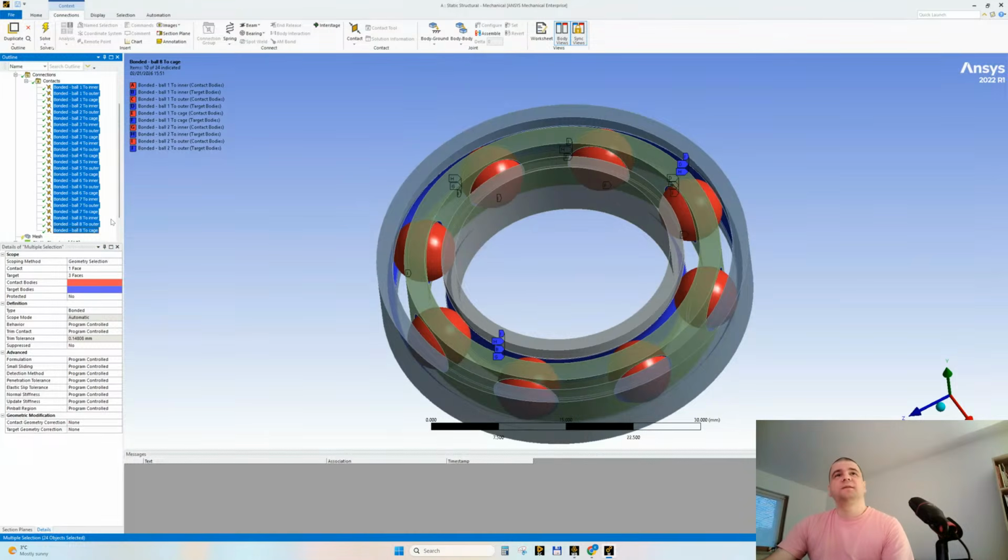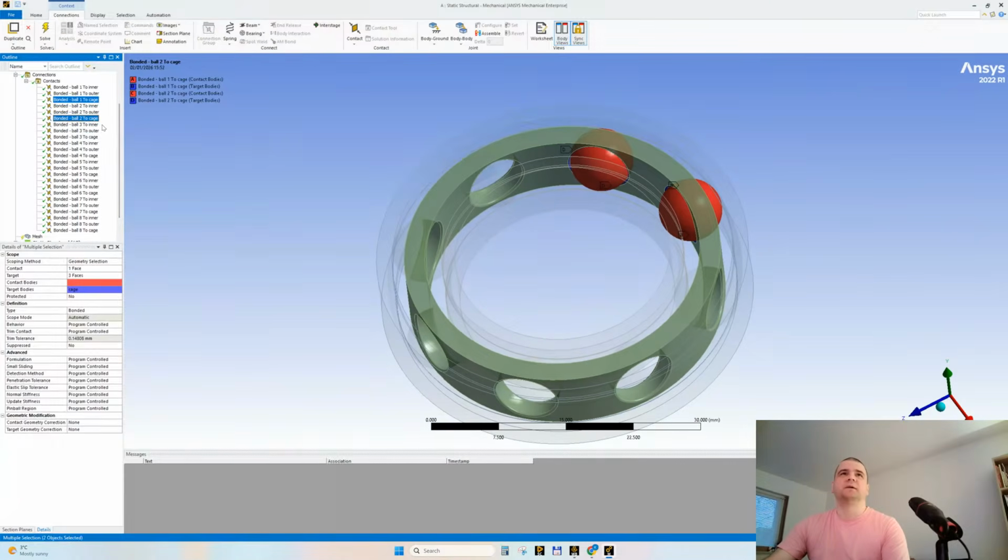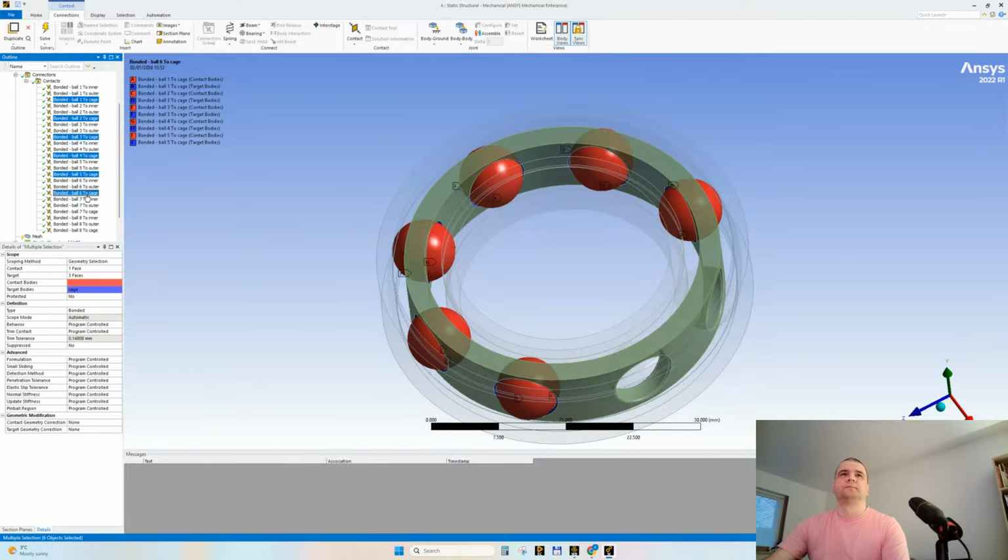Also, they're doing this because having nonlinear contacts, frictionless or frictional, is very hard to master and to make the FEA converge. There is some philosophy. The easiest way, and where we will not care too much, is to have the contacts with the cage frictionless.